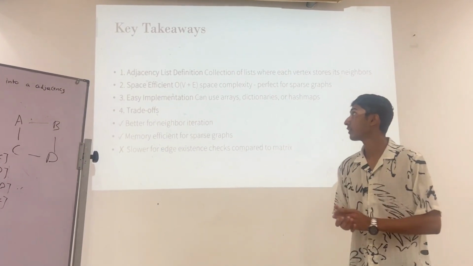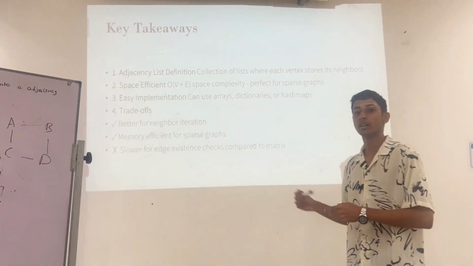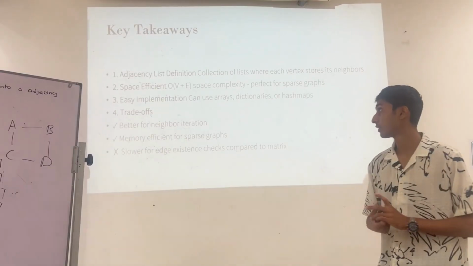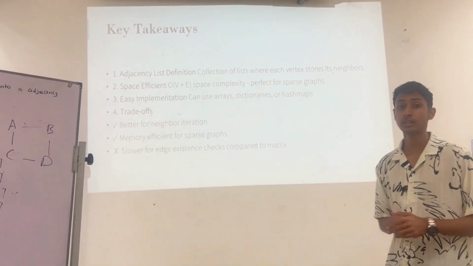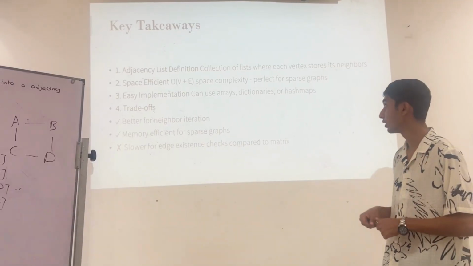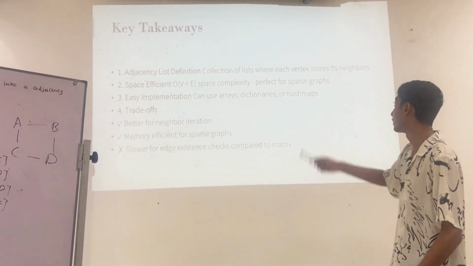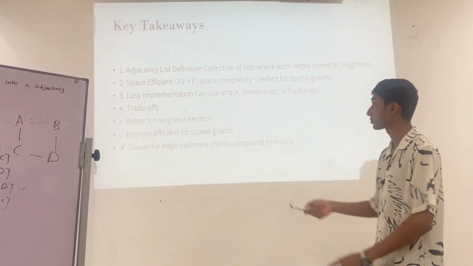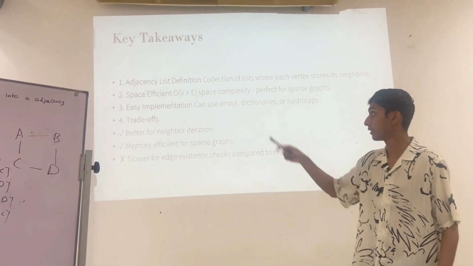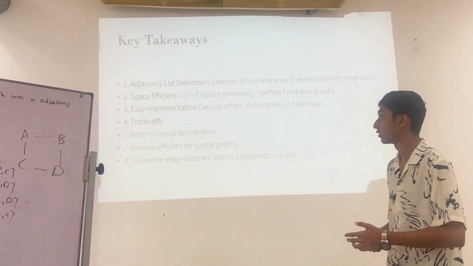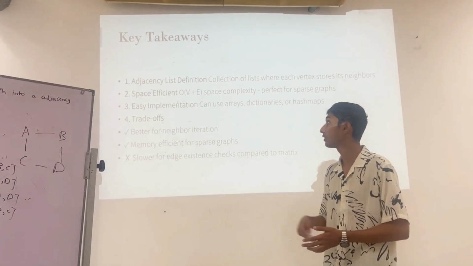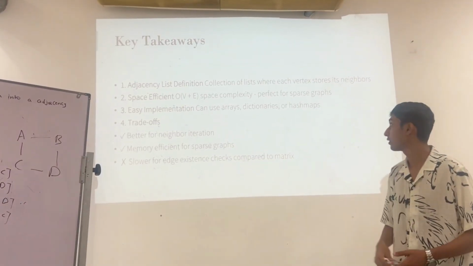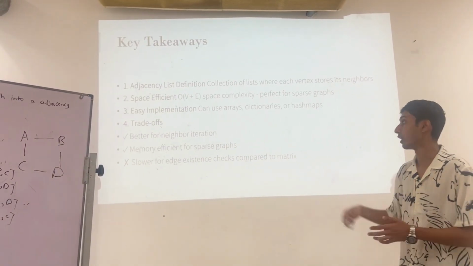Now, let's understand the key takeaways from the concepts that we have learned today. In the adjacency list, the definition, as we previously understood, is a collection of lists where each vertex stores its neighbors, and it's space efficient, as we discussed in the comparison table. The key implementation can use arrays, dictionaries, or hash maps, as we discussed earlier.